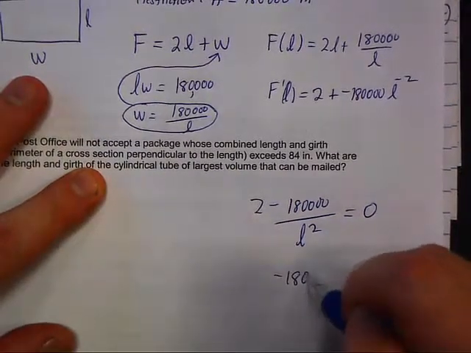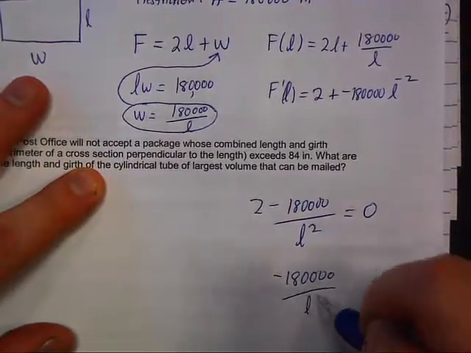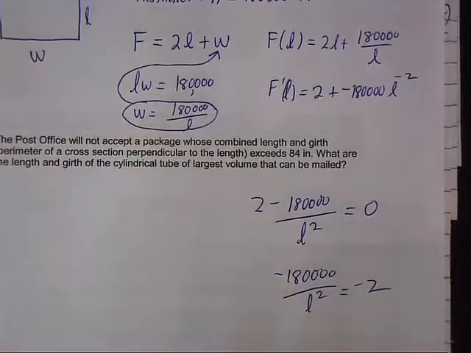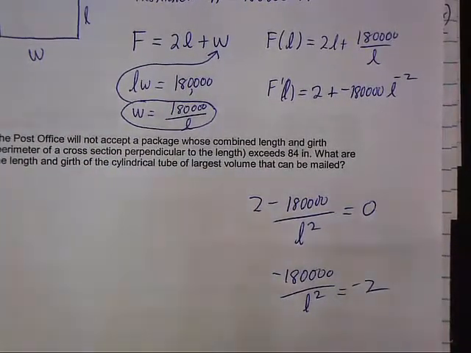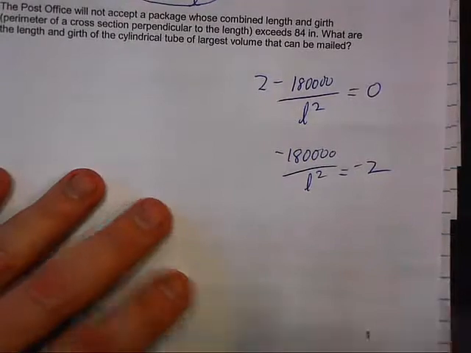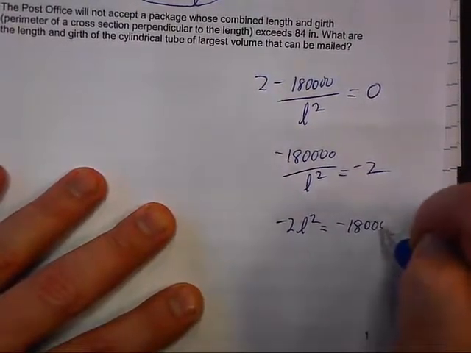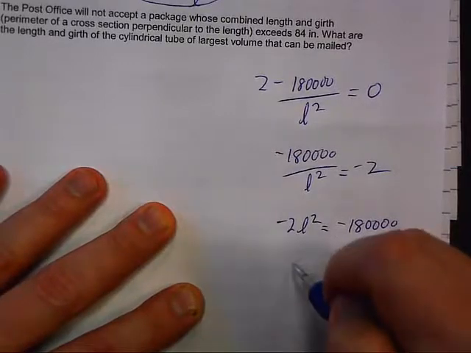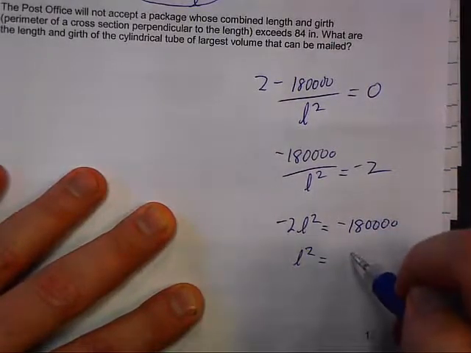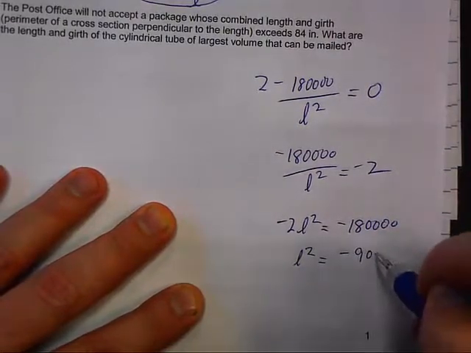Negative 180,000 over L squared equals negative 2. Move the 2 over and then cross multiply. Negative 2L squared is negative 180,000. So L squared is 90,000.